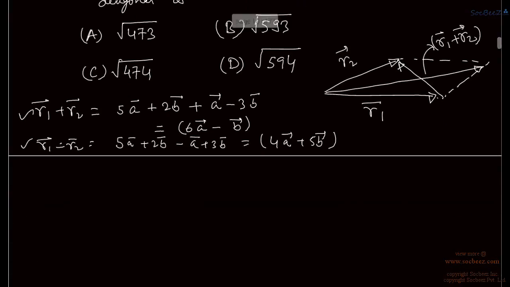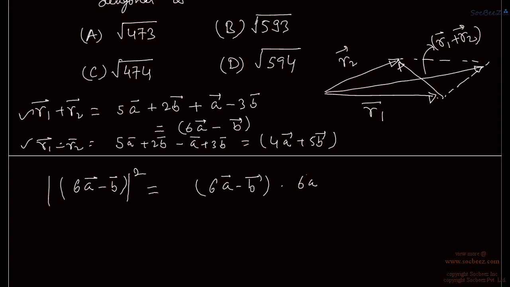So we have to find the modulus of 6a minus b. The square of the modulus of this number can be written as 6a minus b dot 6a minus b, right, because a dot a is nothing but magnitude a times cos 0, so it is a square basically.